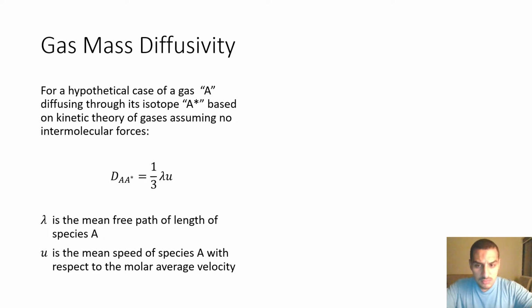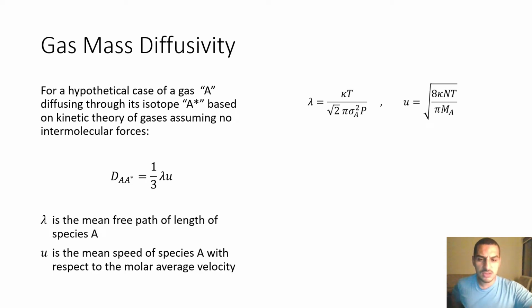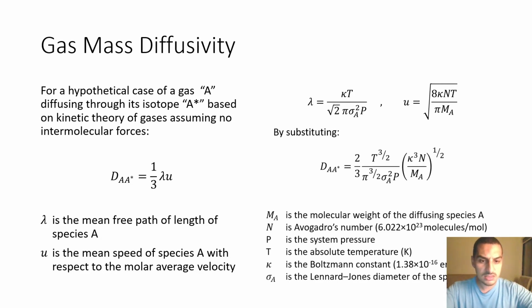I'm not going to go into the details of the theory, but the theory states that lambda can be calculated from this equation and U can be calculated from this equation. Some of these parameters are known, like T is temperature, P is pressure, MA is the molecular weight, but some are new, so I'll discuss them quickly.